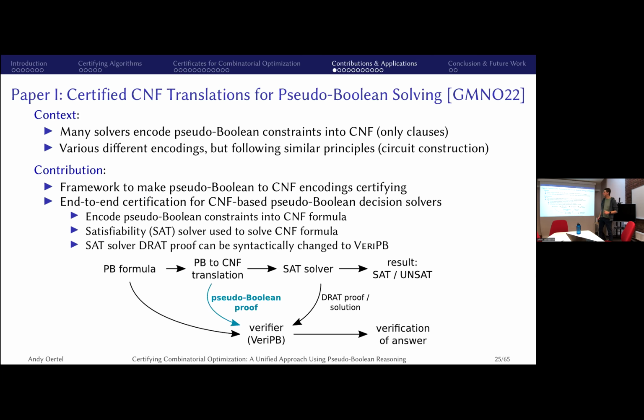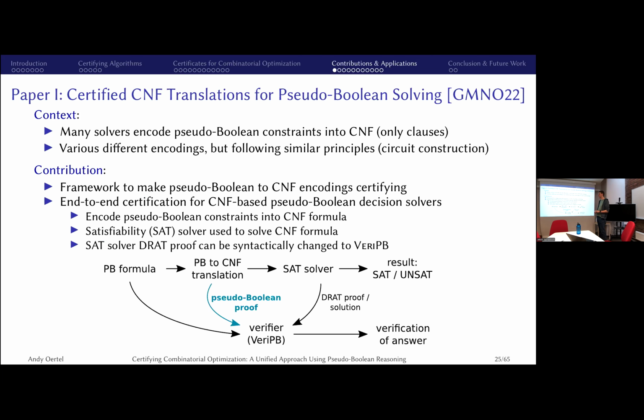The idea is that in this paper we provide a framework to make these encodings certifying, and using that, we provide an end-to-end certification for CNF-based pseudo-Boolean decision solvers.